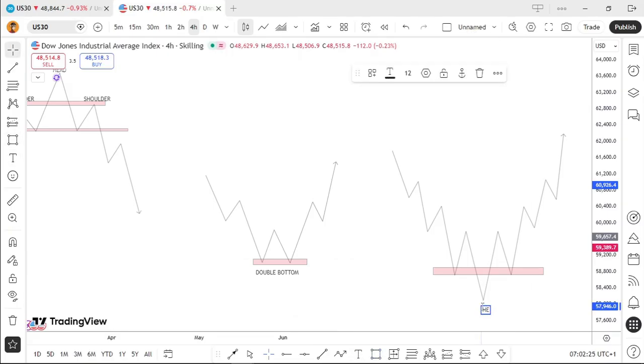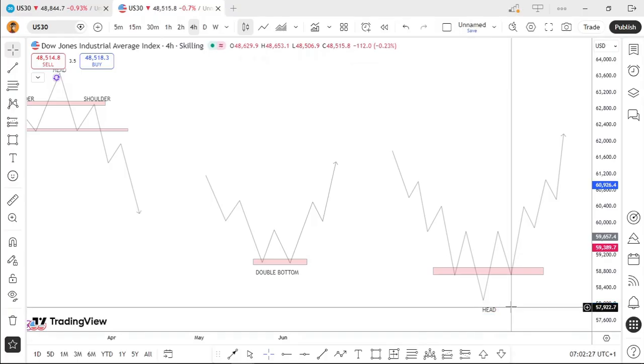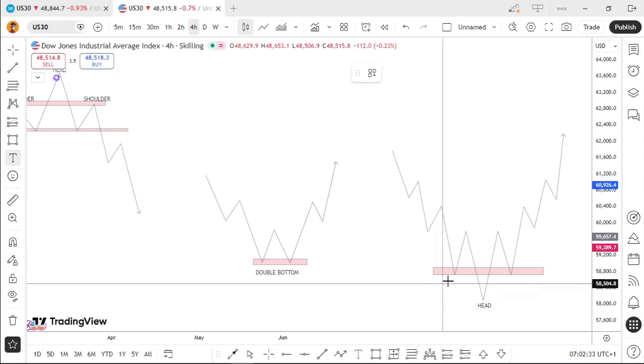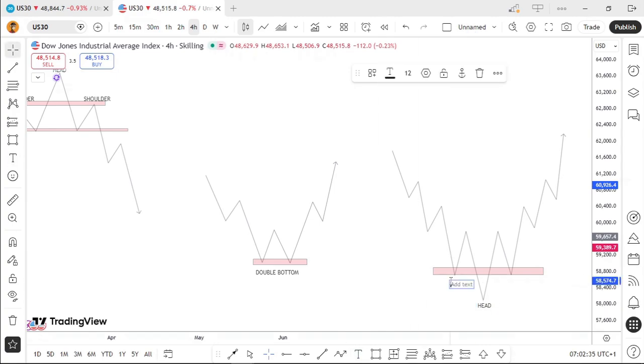This is the head. This is the right and the left shoulder.